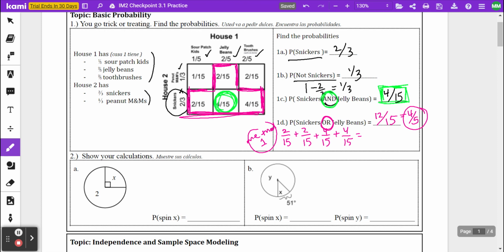Let me do another method here, because there's more than one way to do this problem. The other way would be to add the probability of Snickers and the probability of jelly beans, and then subtract their intersection.